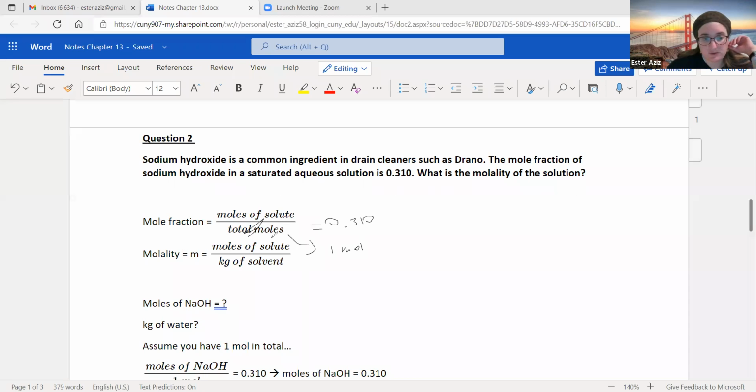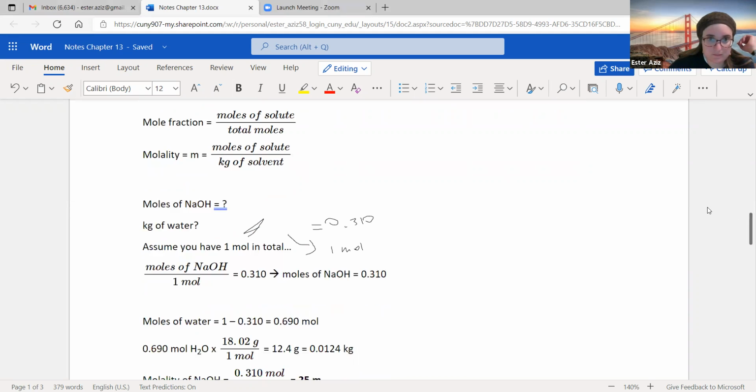It means that moles of solute is also equal to 0.310, right? So in that solution with 1 mole in total, you have 0.310 moles of NaOH.